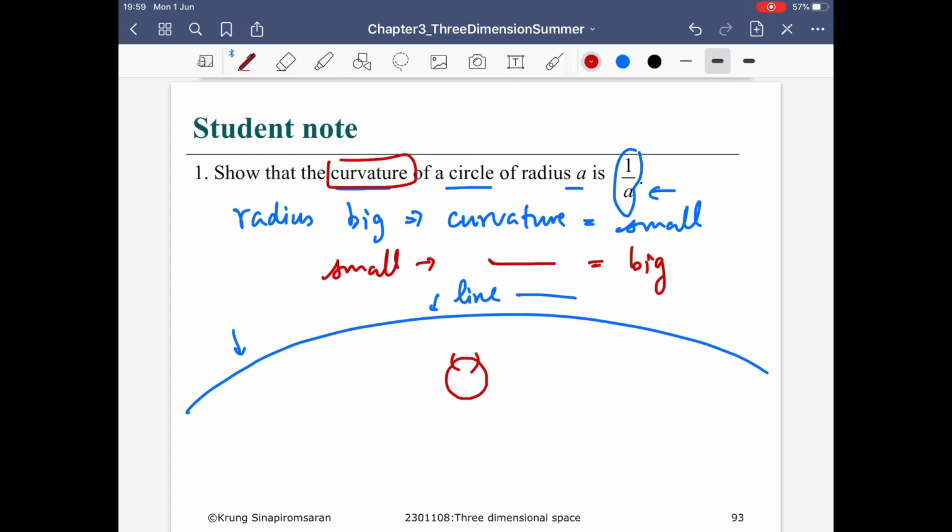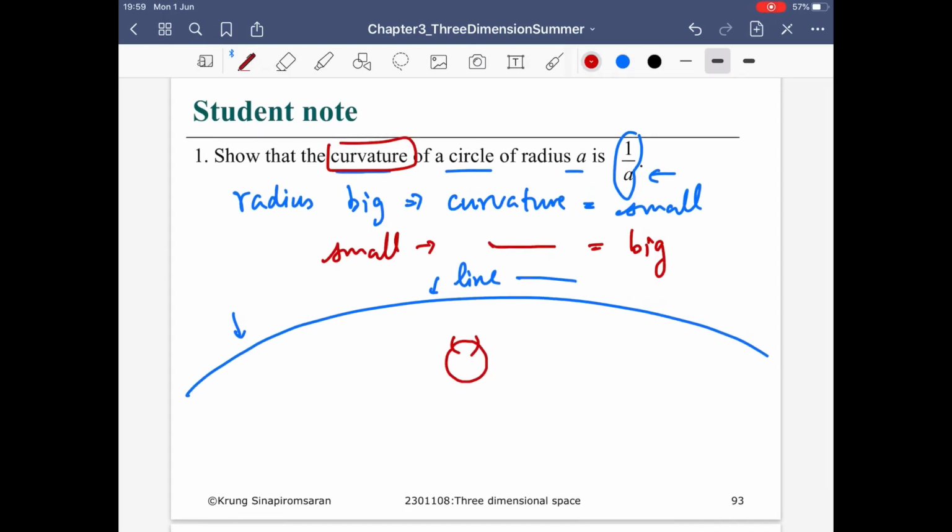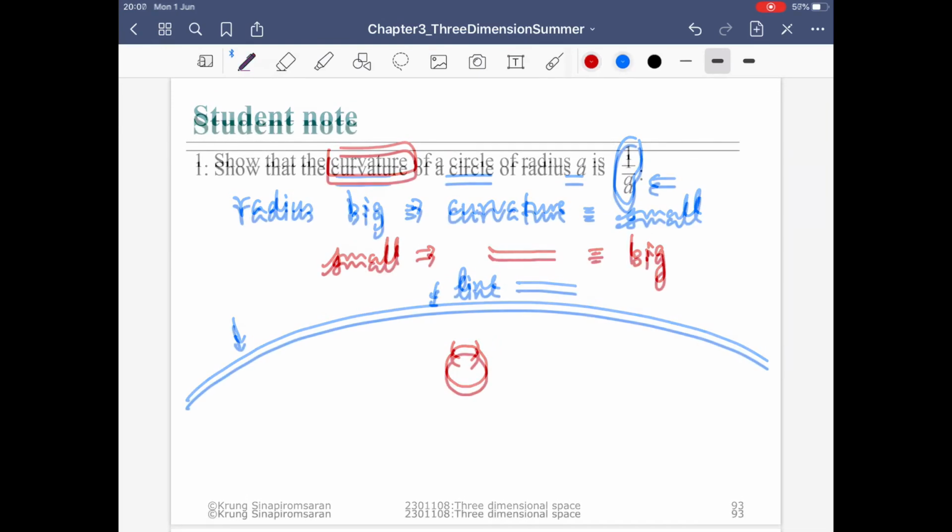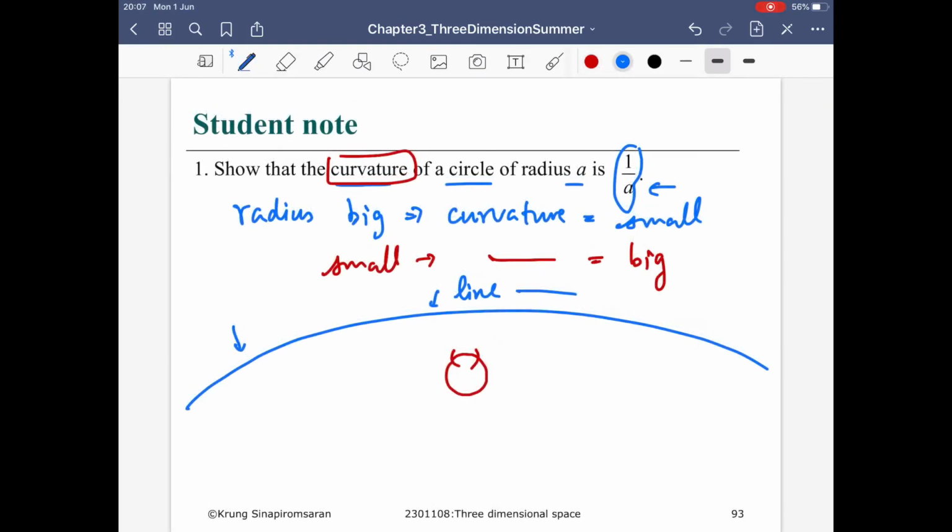So let us try to find the curvature of this circle of radius a. When you're talking about the circle of radius a, usually the vector function representing the circle will be a cosine t, a sine t, and 0, because there is no elevation on the z-axis.